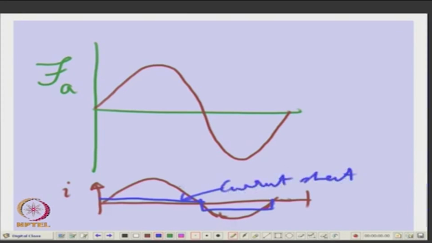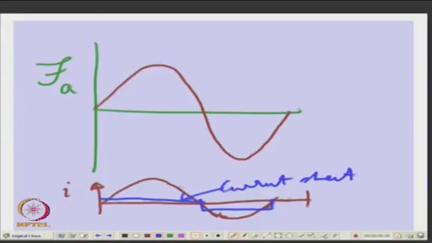Assume that on the surface of the stator you have put a current sheet where current density is sinusoidally varying in space. That will only give you a purely sinusoidal flux or MMF distribution in space, is it not? If it is rectangular, it will give you a triangular one.